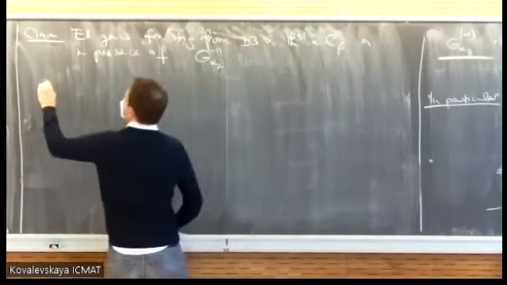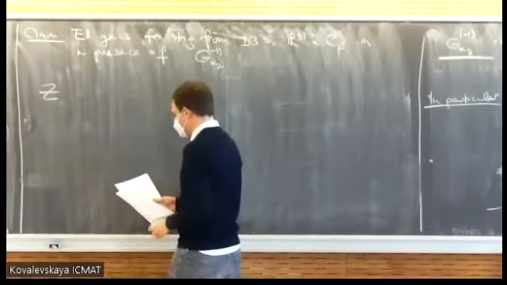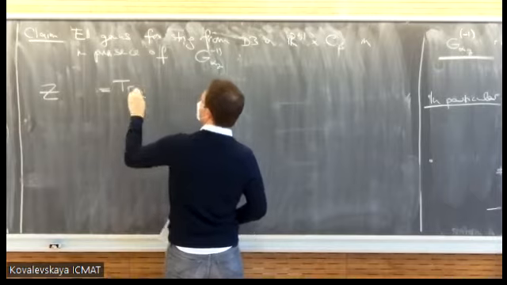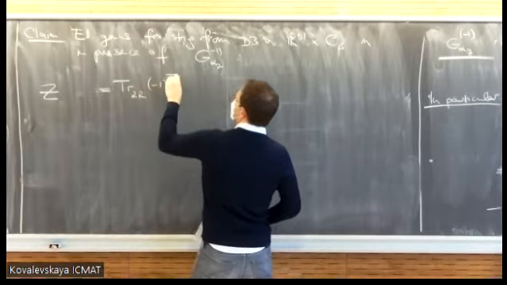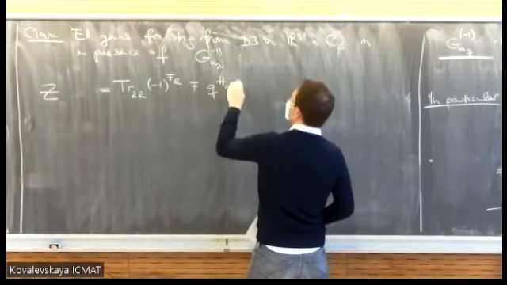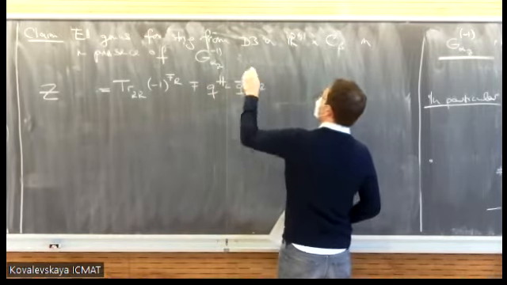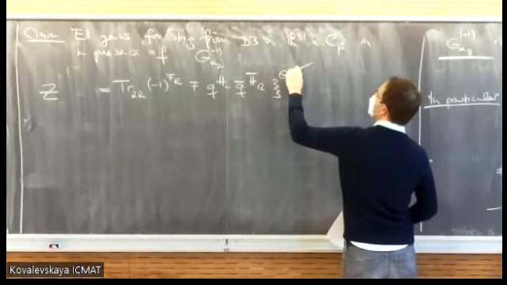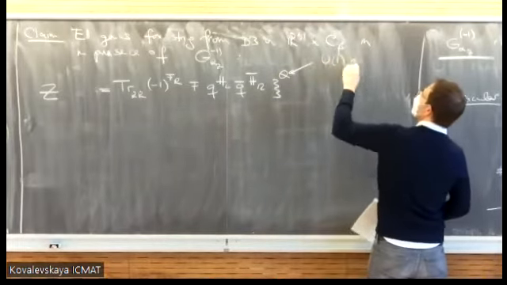This object, recall, I'm writing it again, is the trace over the Hilbert space with periodic boundary conditions of (-1)^F, q^H, q bar^H bar, psi^Q, where Q was the U1 generator.